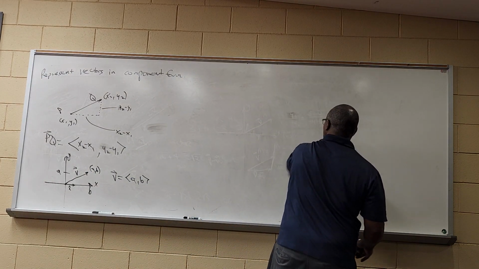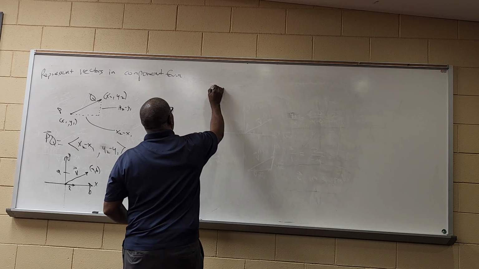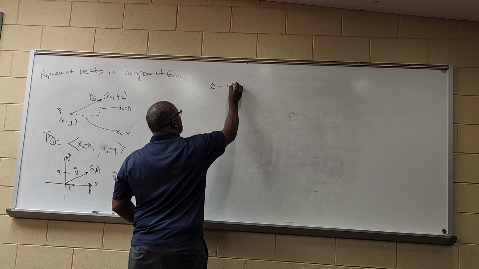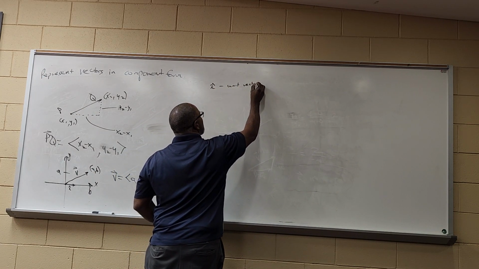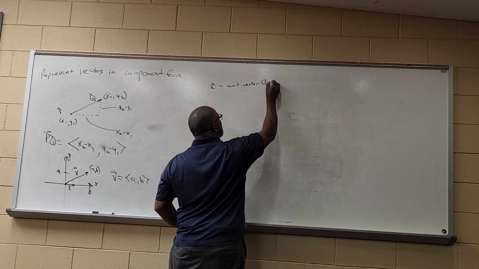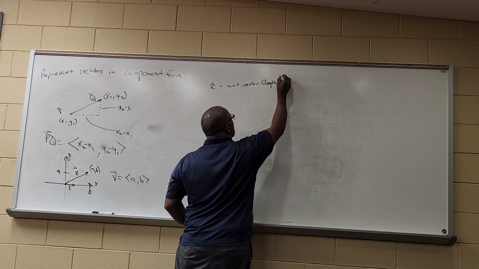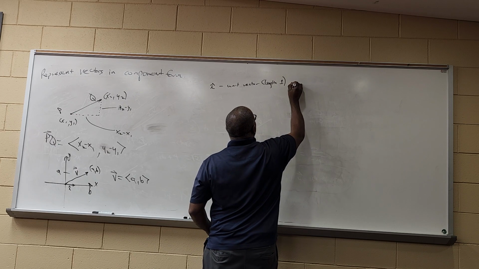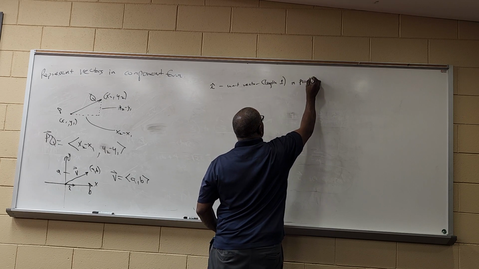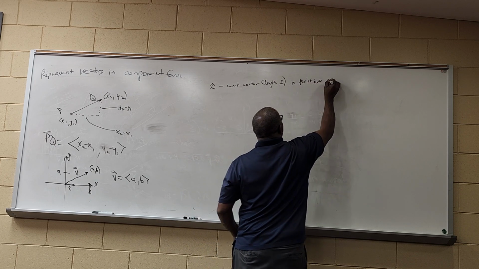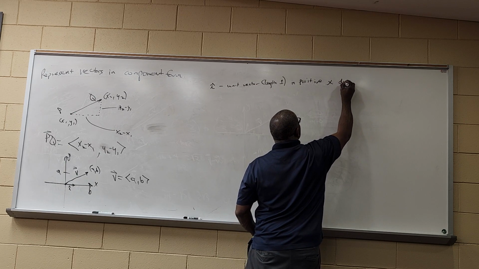So let me just write those two things out. I is going to be a unit vector. Unit vector just means length 1, in the positive x direction.